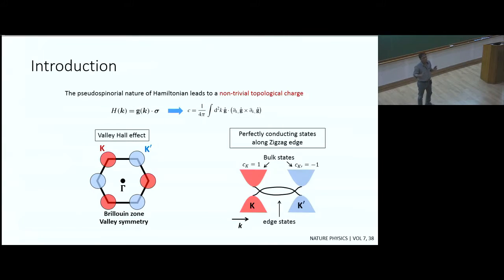This led to two different types of phenomena, and that's what we are looking for. One is similar to a spin Hall effect. We now have the Valley Hall effect because we have replaced the standard spin by the pseudospin, and that led to some interesting series of theoretical suggestions and experimental verification. I'll show you in a slide.